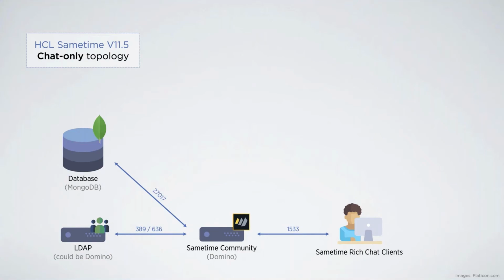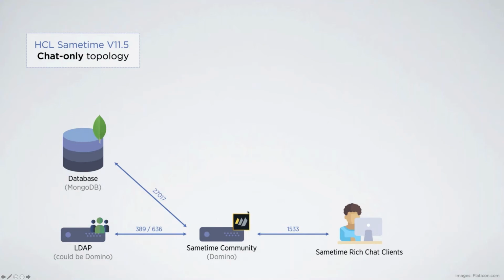Usually in smaller or mid-sized companies, you have LDAP the same as Domino. So you do not use an external LDAP like Microsoft Active Directory, for example, but you say, yes, I am installing Sametime on Domino, and please use usernames and passwords from Domino.